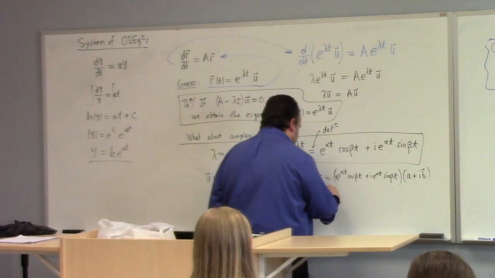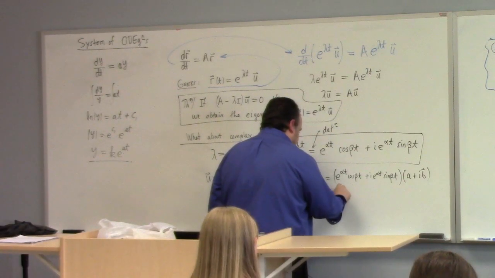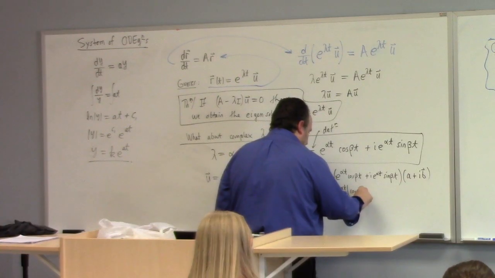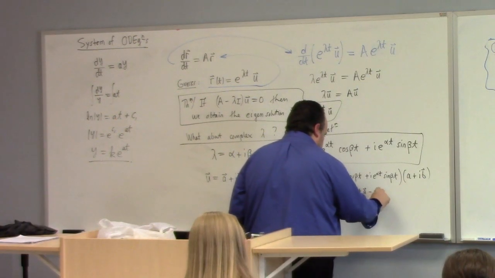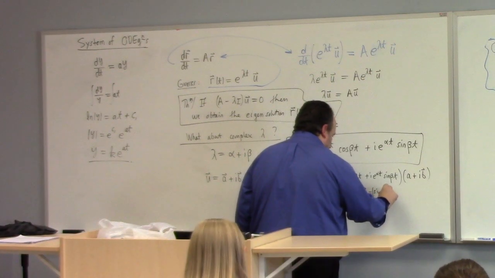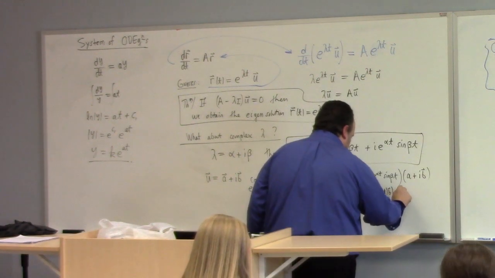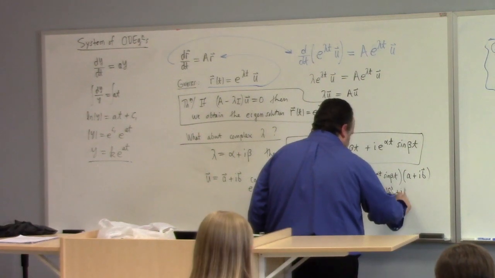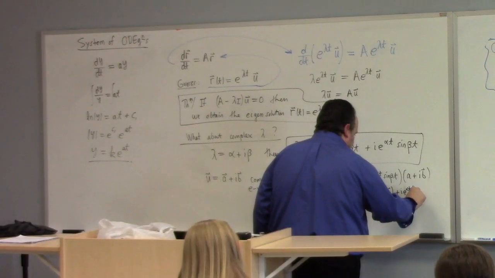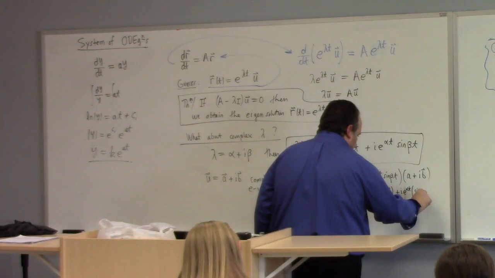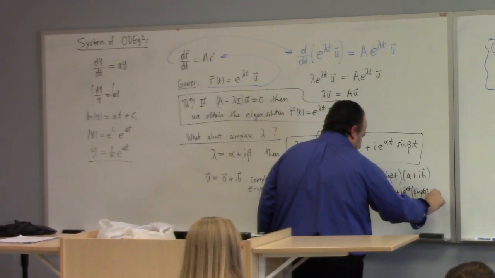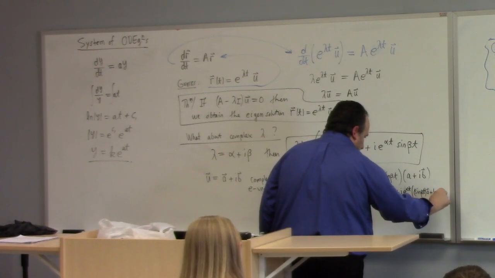We multiply this out. What we've got is e to the alpha t, and I'll hold that out, times cosine beta t times a minus sine beta t times b, plus i times e to the alpha t times sine beta t times a plus cosine beta t times b.